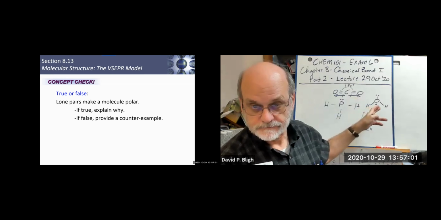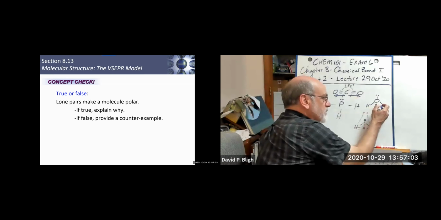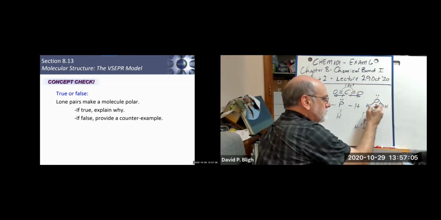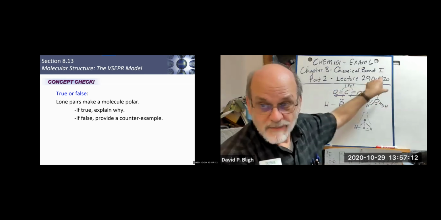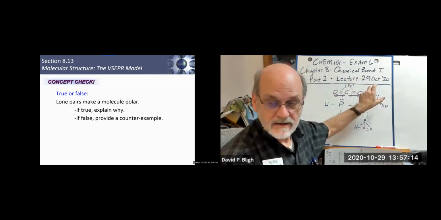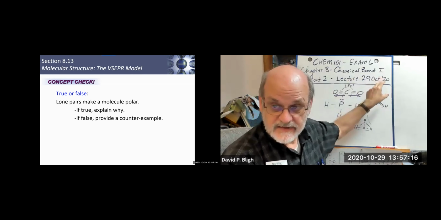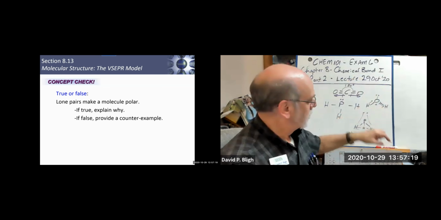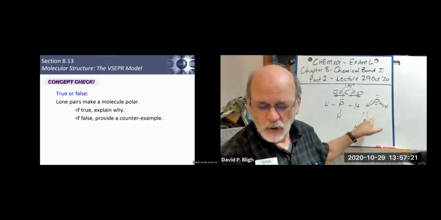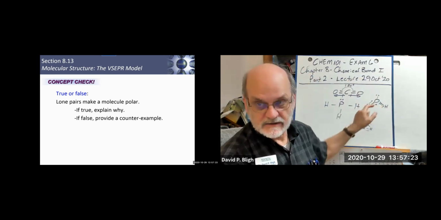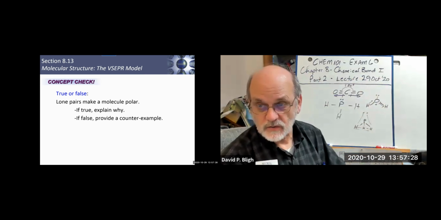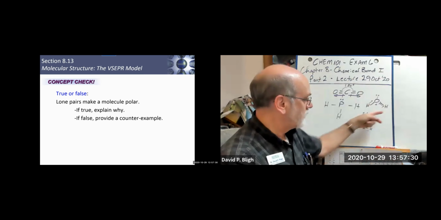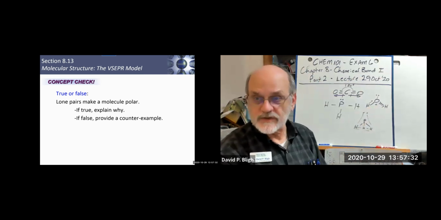Molecular structure. Now the bonds are going to be polar this way, but the electron pairs are also in the back, up and in the back, and they tend to make it more negative on that side too. So this molecule is going to be more polar than you would expect from just the bonds, because you have both of those electron pairs on the same side of the molecule. They really have no other place to go. If you put them over here and put the hydrogen over there, they'd still be the same distance apart.